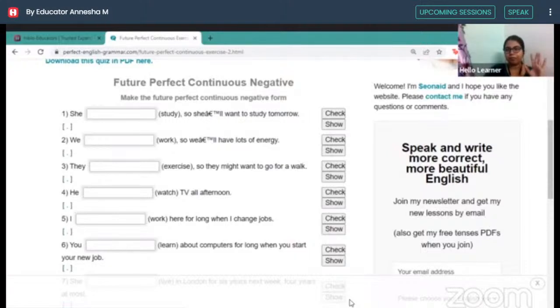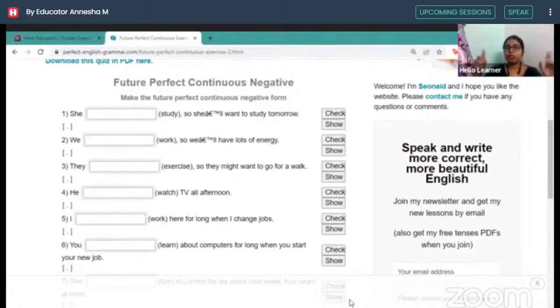In this sentence, I am trying to tell the listener that this action will have been happening for so long till this point in the future. The second use is when an action will have been happening for some time till the future, and then we are getting an effect out of it. For example, she will have been studying for her exam, so she'll be tired. So let her sleep.